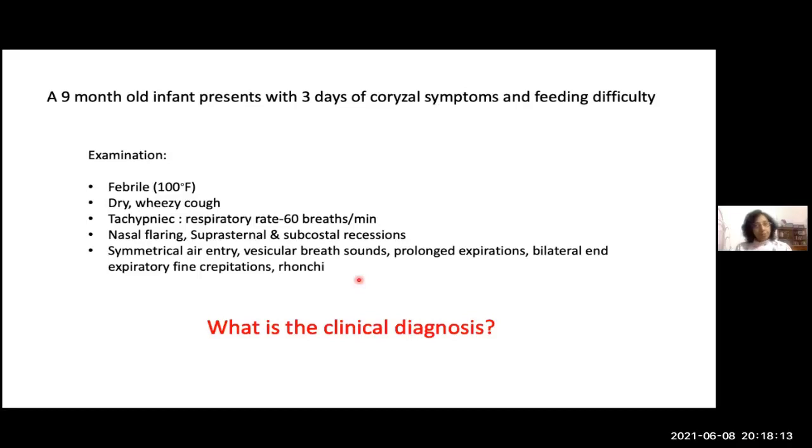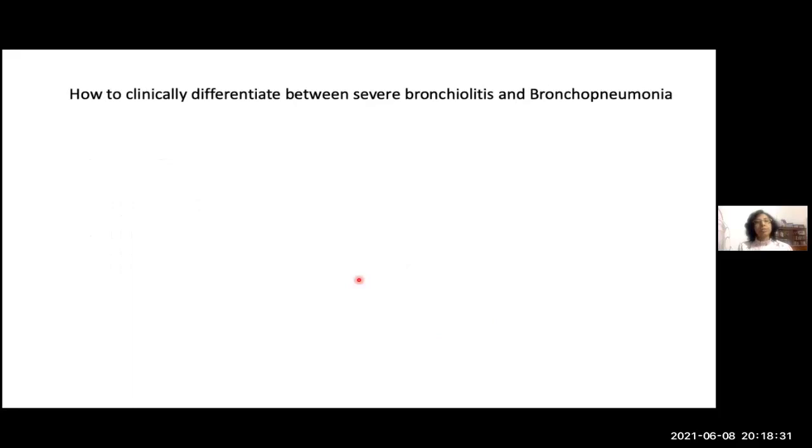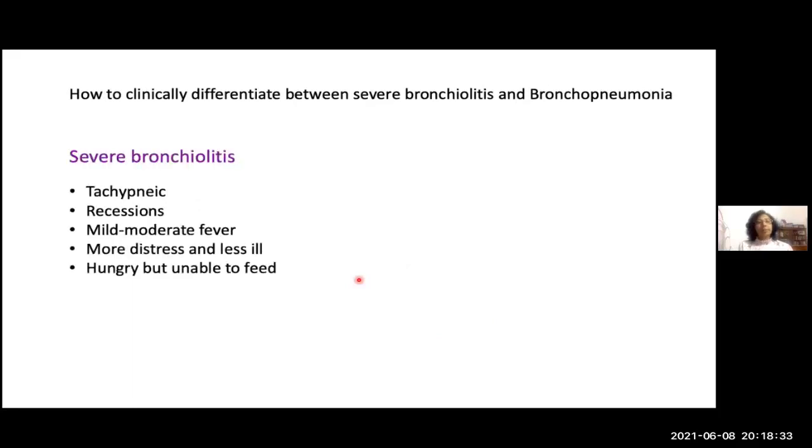So it becomes important for the first contact doctor, or the house officer or the medical officer who sees the baby first, to judge clinically whether this is more in favor of bronchiolitis or a bronchopneumonia. So let's see how we can clinically differentiate these two conditions.